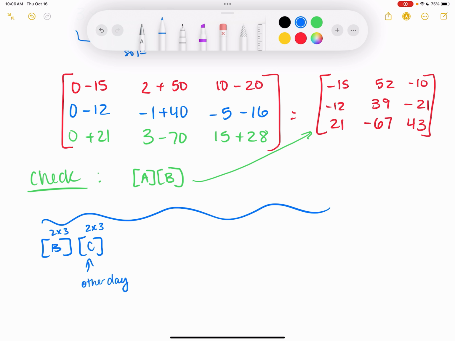Oh, that error. So I'm showing you this. It's going to say dimension mismatch. Okay? If that comes up, that means that it can't be multiplied.